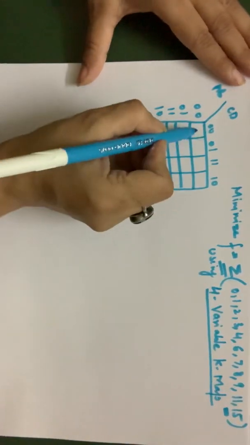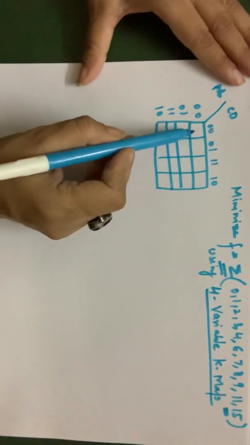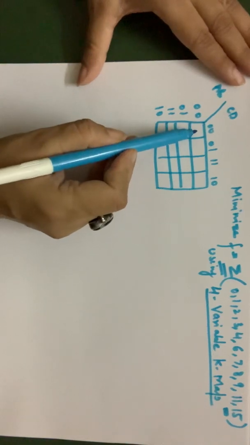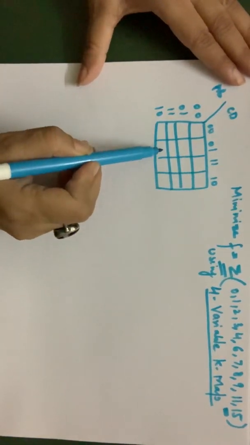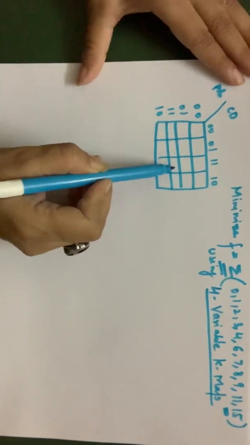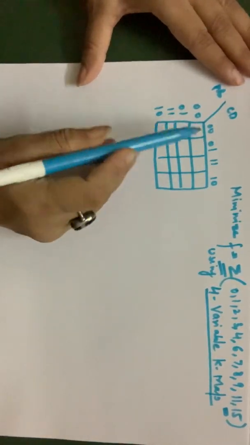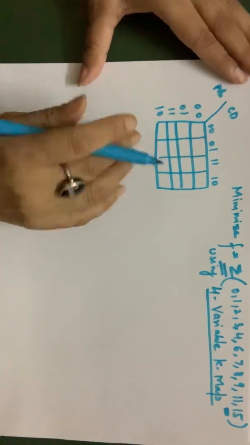Now we have 0 here, so remember we have to make the table like 0, 1, 2, 3, 4, 5, 6, 7, 8, 9, 10, 11, 12, 13, 14, 15. So we put in the values. Please do check that map.